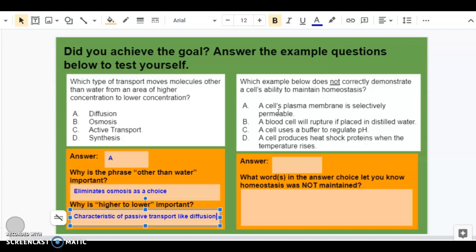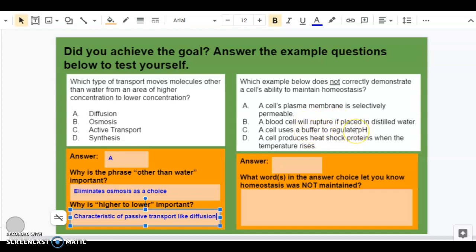It makes sure that what shouldn't come in doesn't, and what shouldn't leave doesn't. A blood cell will rupture if placed in distilled water. Well, that's certainly due to osmosis, but if it's rupturing, is the cell healthy? Is it surviving and thriving? No. So it did not maintain homeostasis. This is the best choice.